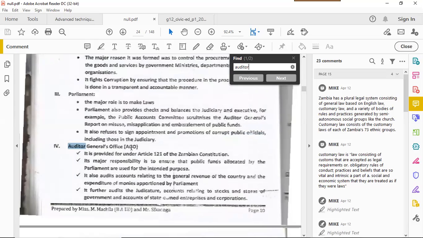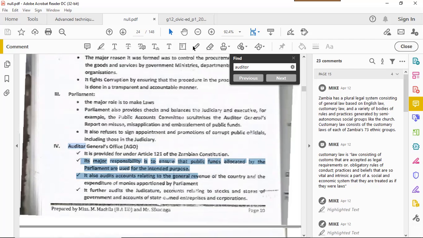At least it works if you are using a digital copy. So here, Auditor General's office, it is provided for under Article 121 of the Zambian Constitution. The question was asking about the major responsibility of this office, and here's the answer. The major responsibility is to ensure that public funds allocated by the parliament are used for their intended purposes.